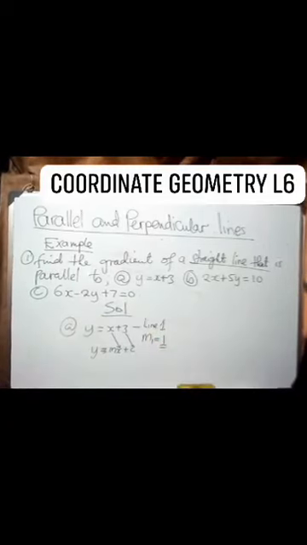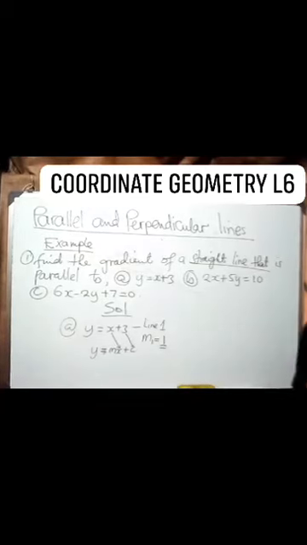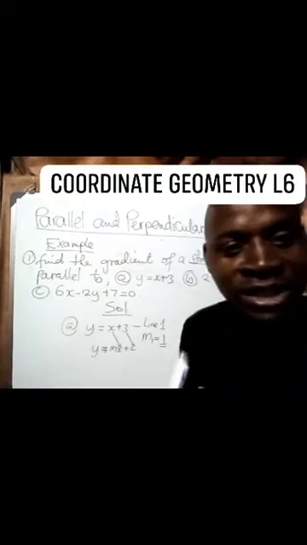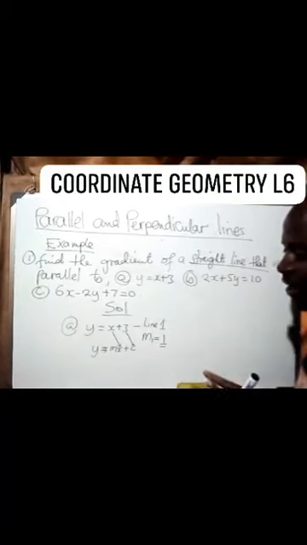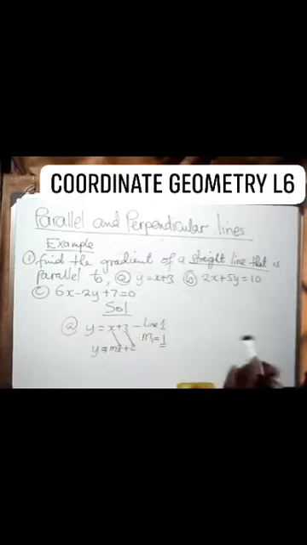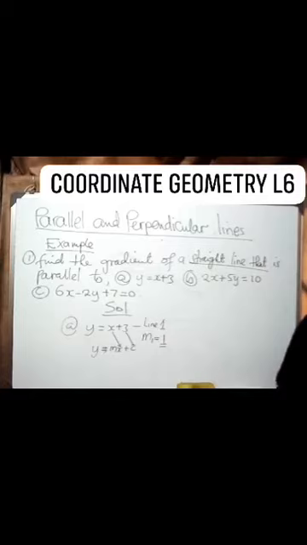So if a variable does not have any visible coefficient, it means that the coefficient is 1. If a variable does not have any visible power or exponent, it means that the power is 1. So the gradient m1 for this line 1 is 1.